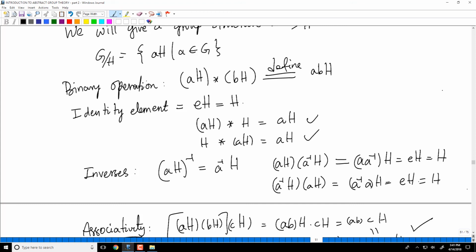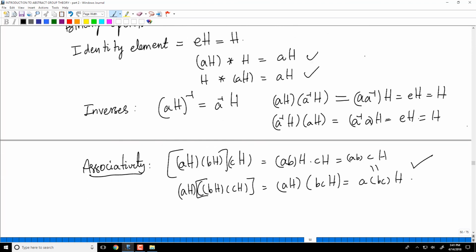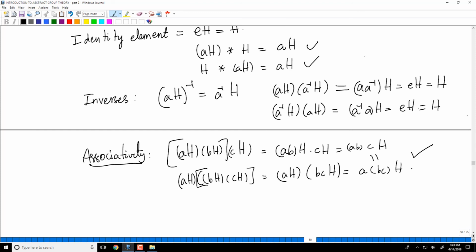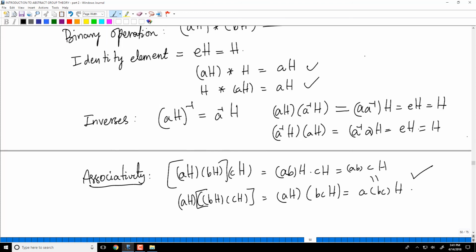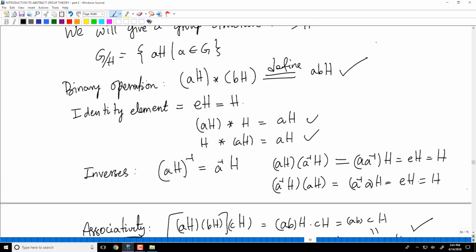The point is that you needed a valid binary operation. That was the key step. If you have a valid binary operation, it turns out that the others are more or less clear. The identity element is eH, inverses are given by inverses of these elements. Associativity is essentially the associativity in the group itself, and that will give associativity of G mod H. Okay, you might wonder, can I just define this without H normal?